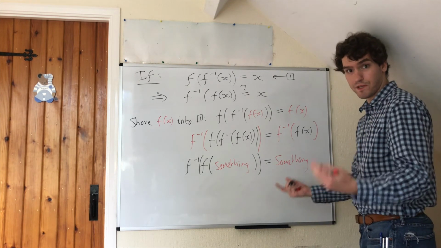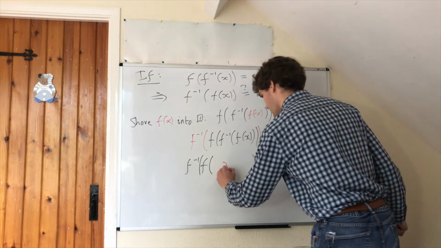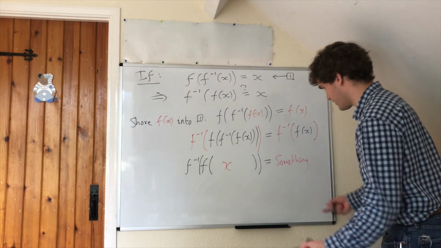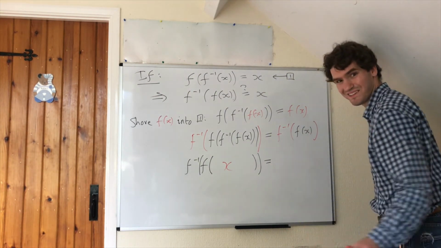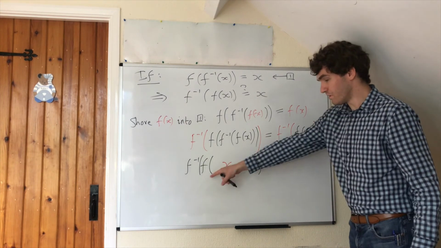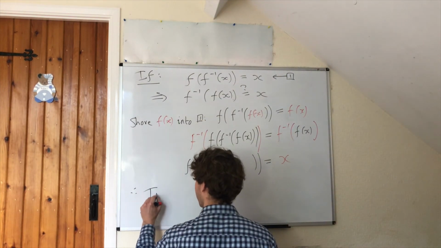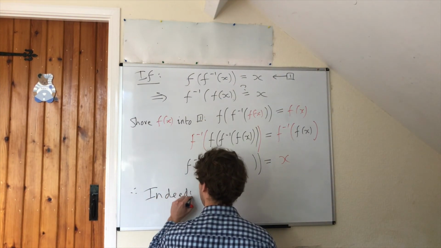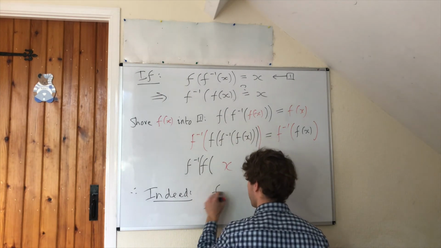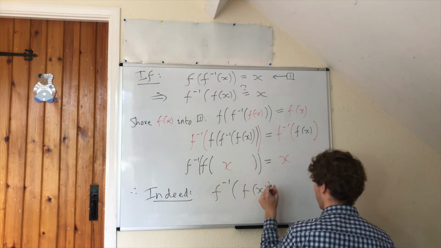Then if I let this something be x, then it better be true that I get x. So therefore, if we now tidy this up, then indeed, the inverse function of f of x will be equal to x.